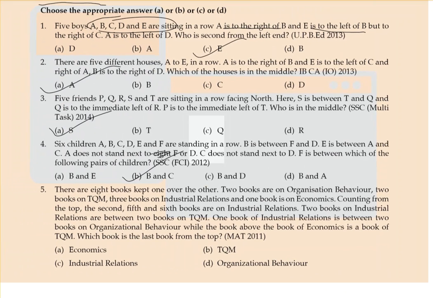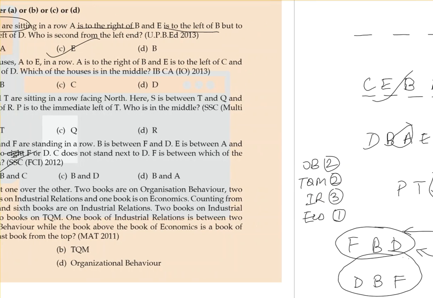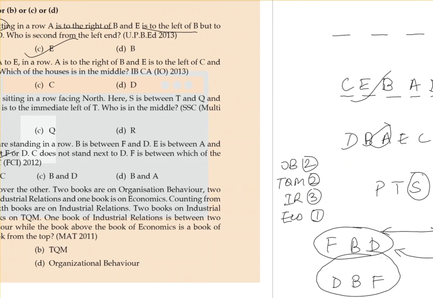One is on economics. Counting from the top, the second, fifth, and sixth books are on IR. The total number of books is 4 and 3, 7 and 1, 8.